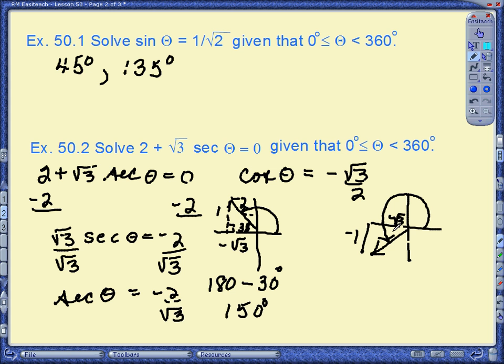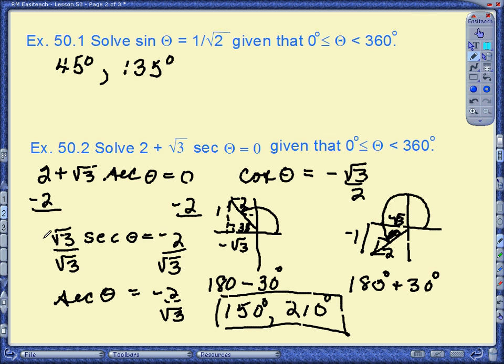This time it's negative 1. And our angle is here, 30 degrees, and we have 2. So we have gone 180 to get to here, and then 30 more. 180 plus 30, the related or reference angle. And our answers then are these, 150 plus 210.